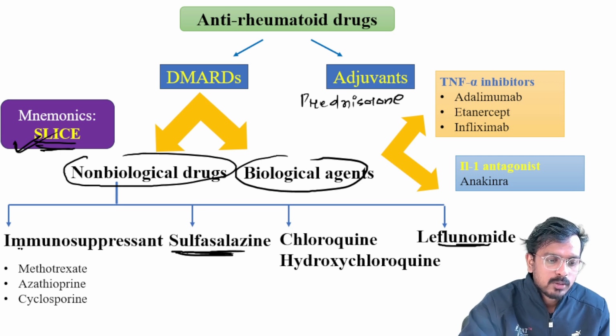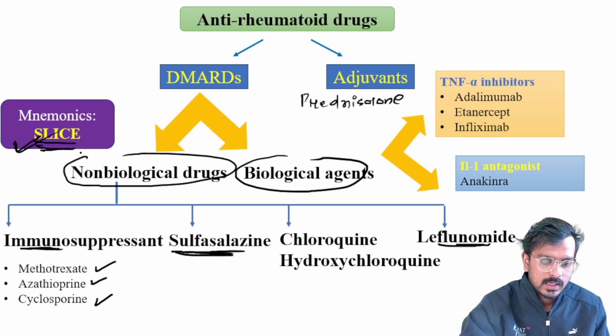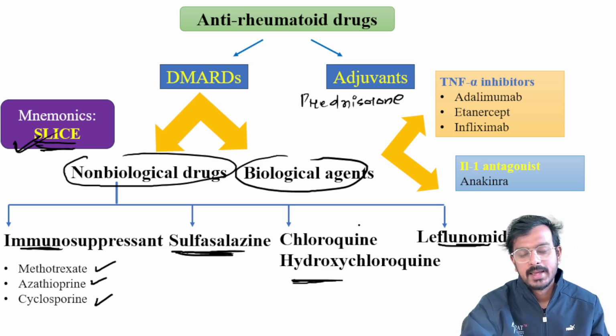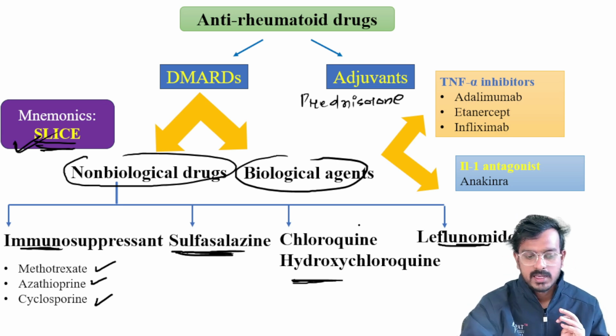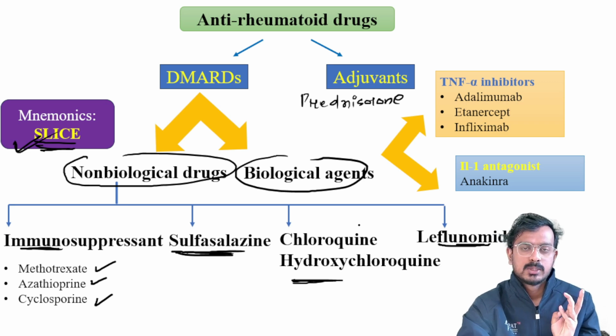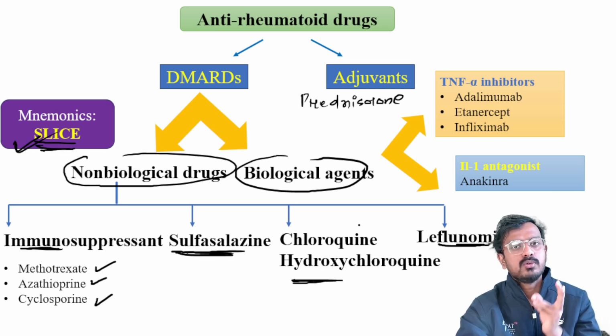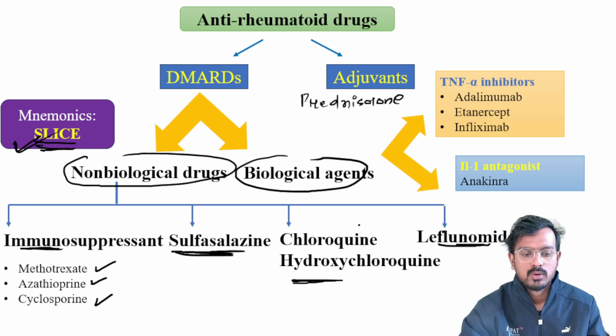I stands for immunosuppressant drugs like your methotrexate, azathioprine, and cyclosporine. And E stands for hydroxychloroquine, along with chloroquine.